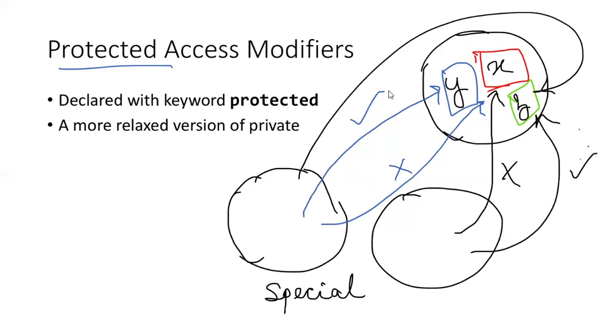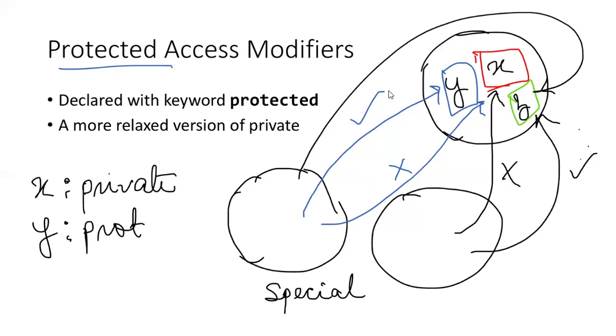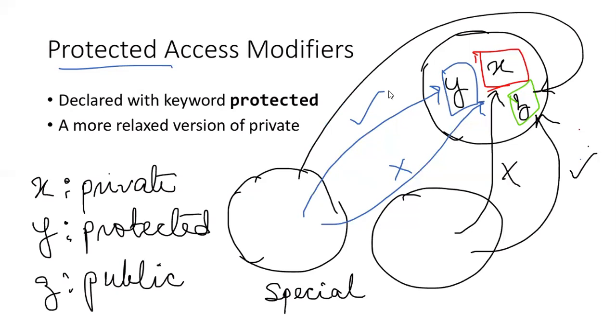So if I write it here, X is private, Y is protected, and Z is public. From outside, I will be allowed to access Z. I will not be allowed to access private.